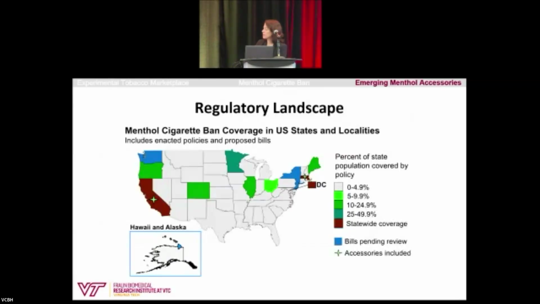In the US, a few local areas have restricted menthol cigarette sales, including localities in Colorado, Illinois, Maine, Minnesota, Ohio, Oregon, and Washington, D.C. And only a couple of states, Massachusetts and California, have implemented bans that also cover menthol-flavored accessories.